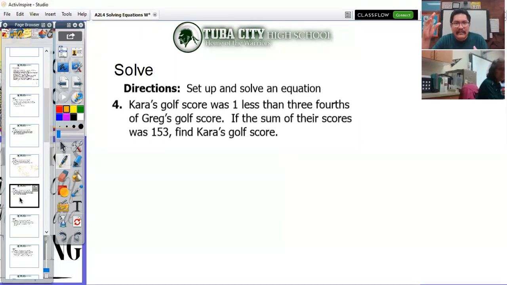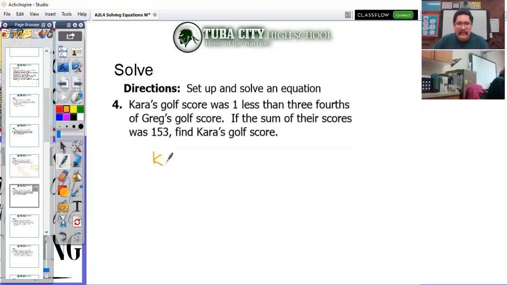But in this case, the next part, the clue statements, tell us that there's a golf game going on, so we don't need to worry about that. And the third part is usually the question, and you kind of have to read it a little bit backwards. You have to start with the last thing. So again, we're looking for Kara's golf score in this case.